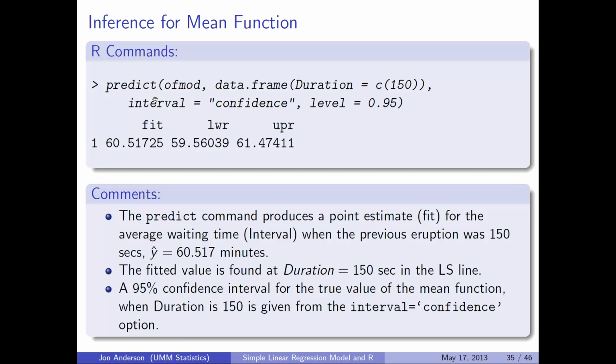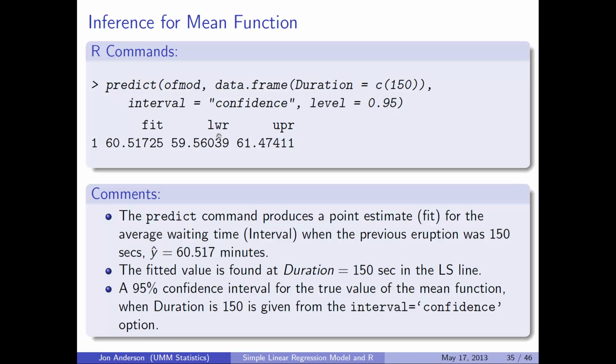I'm going to give it the option of interval equals confidence, and this option means I want to make statements about what the mean function of y is going to be, and we'll make a confidence interval with 95% confidence level. And so we get output that looks like this. The column called fit means that this is y hat. This is how much we should expect to wait, 60.5 minutes.